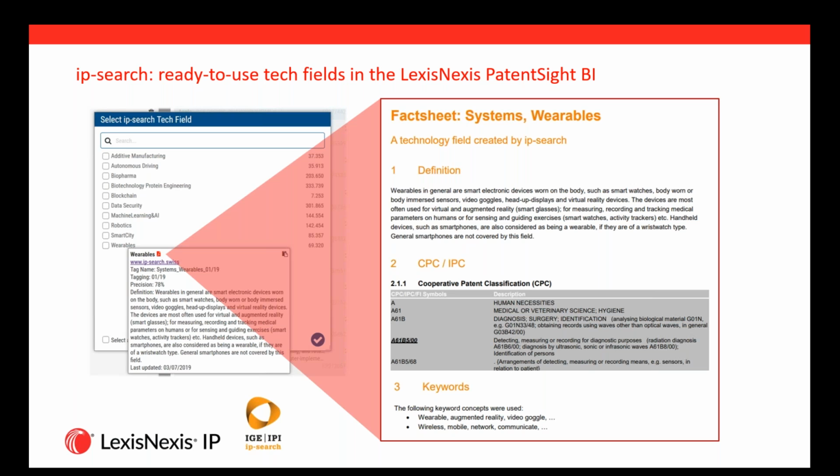And so our specialists made a preset search, which gave as a result, as you see on the left side, one particular set of patent families in a given technology field. For example, we have additive manufacturing and autonomous driving and so on.